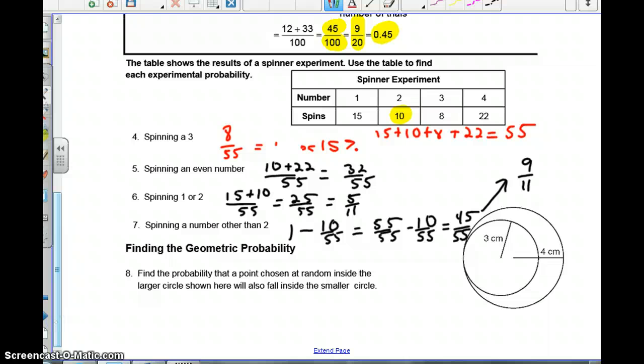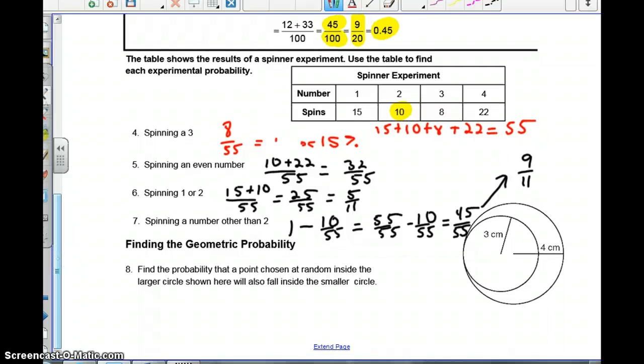Okay, geometric probability, last thing. Find the probability that a point chosen at random inside the larger circle shown here will also fall inside the smaller circle. First thing we want to do is find the area of the large circle. So area of large circle equals pi r squared, so pi times 16.